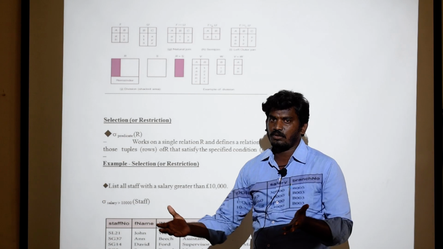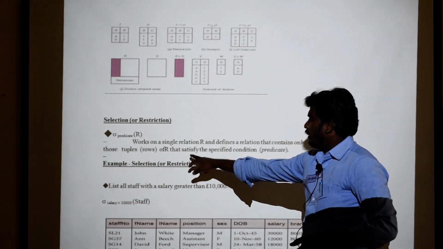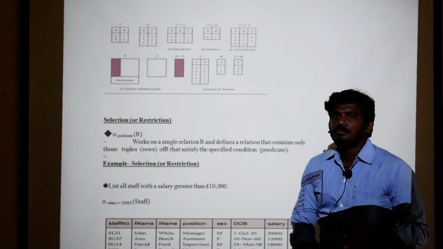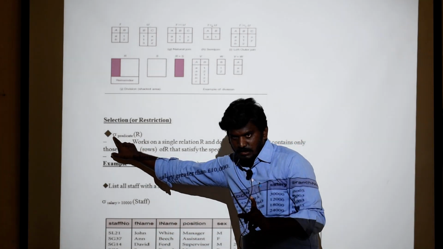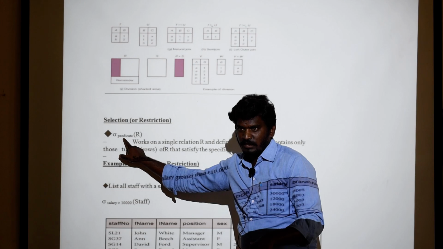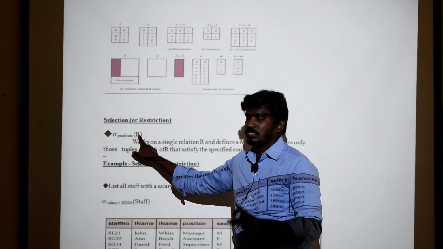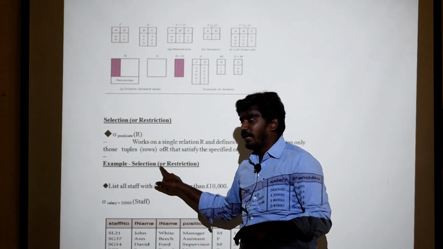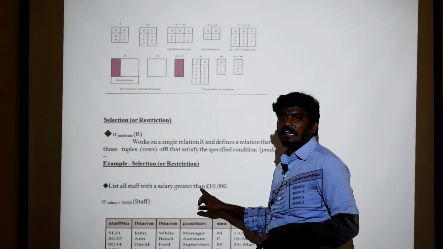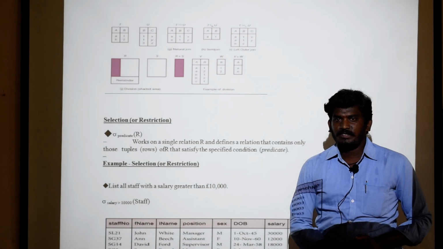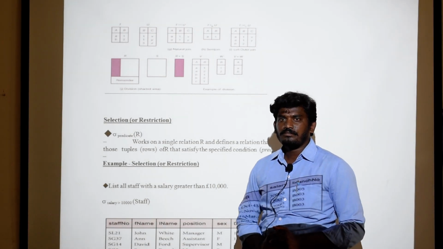Tuples means rows, okay. Then those tuples of R that satisfy the specific condition, the predicate. Already told that the predicate is a condition. Now the selection is presented as the condition being followed, then which tables are related. Some examples are given: list all the staff with a salary greater than 10,000, okay.